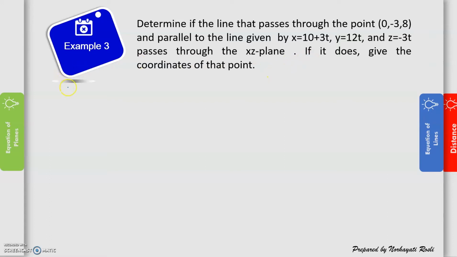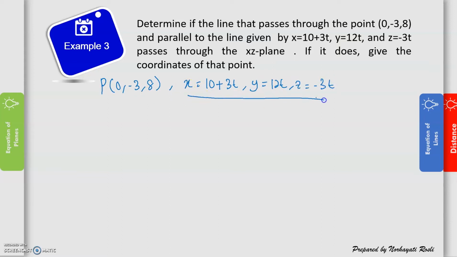So now we have to determine the line that passes through the point. Here we have the point P0 (0, -3, 8), and the line is parallel to x = 10 + 3t, y = 12t, and z = -3t. When a line passes through a point parallel to this line, it means that from this line you can get a vector v.